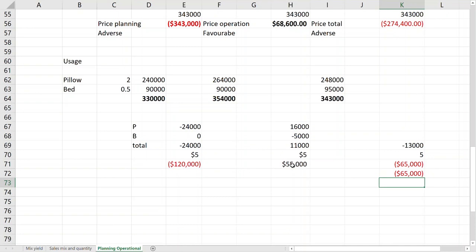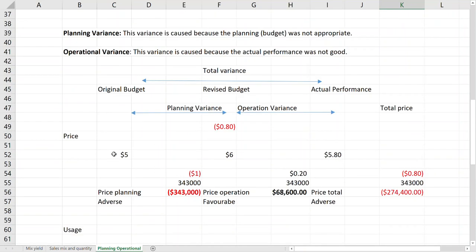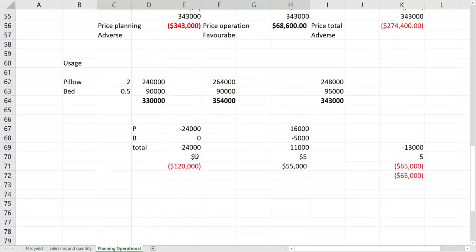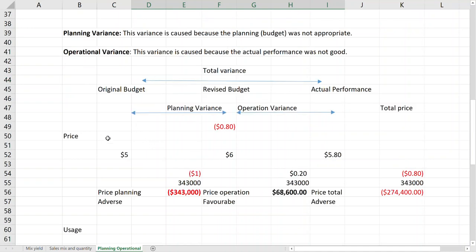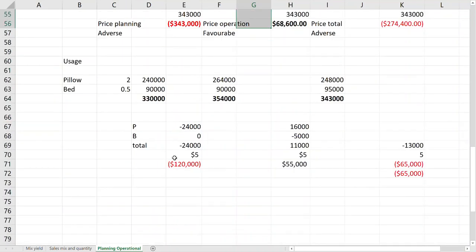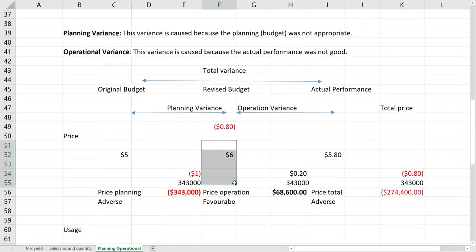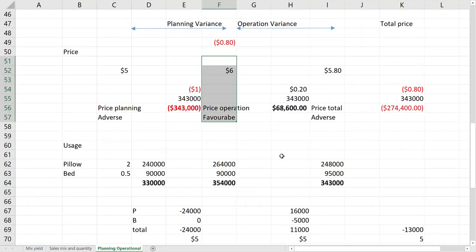Does it make sense? So when we talk about price, we talk about the change in price, which we change here. When we talk about quantities, we talk about change in quantity. We use the original standard price. It would be double counting if we look at price here as well and change price here as well. The effect will be double. One effect will come here, another time the effect will come here. We have already considered that there.